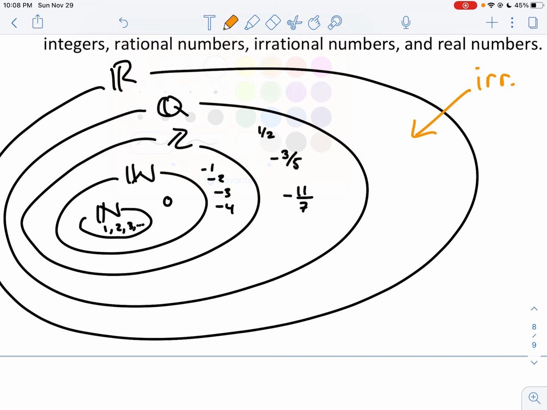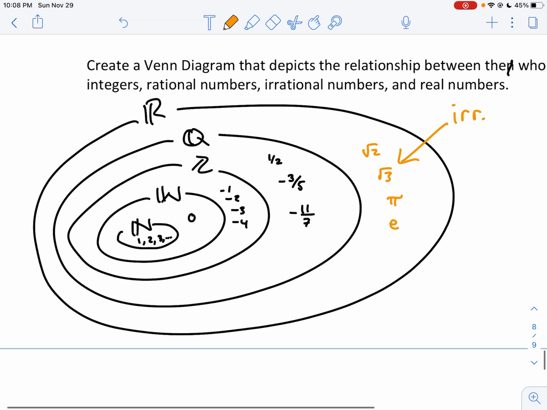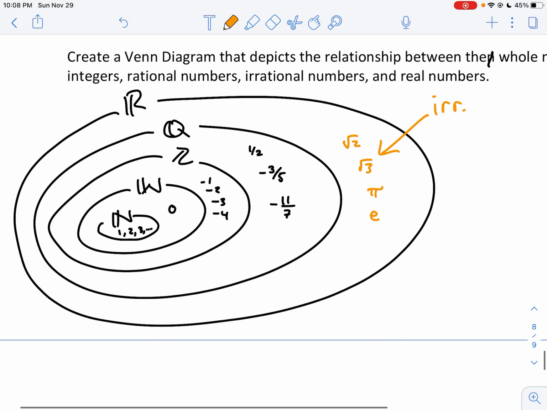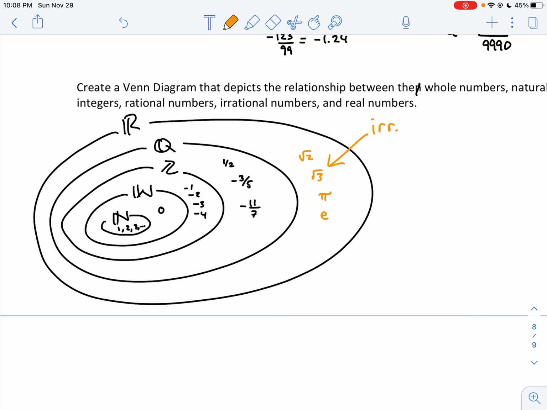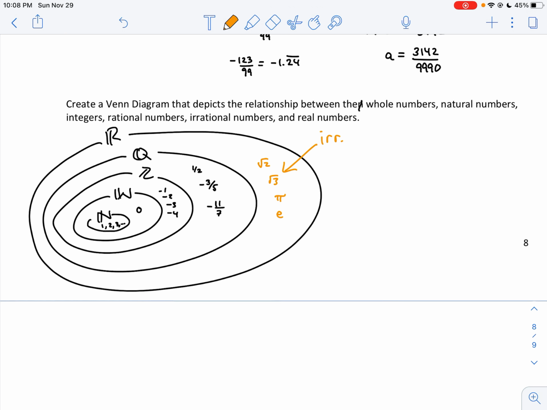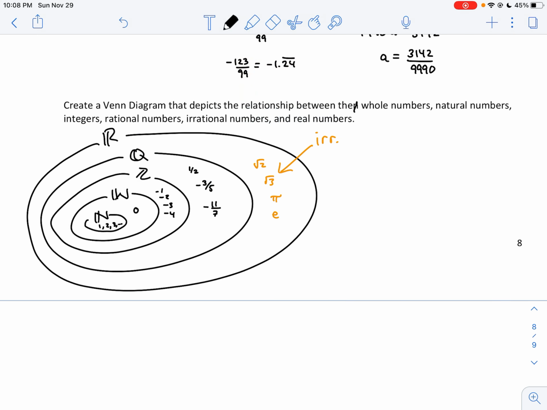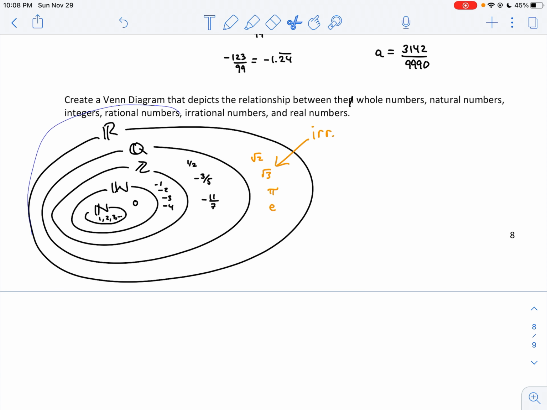Then the irrational ring would be examples of numbers that cannot be expressed as fractions of integers, like square root of 2, square root of 3, pi. There's another number called e, Euler's constant, which would be an example of an irrational. And then the real is pretty much all of this stuff. Everything that is in all of these circles forms the set of real numbers.